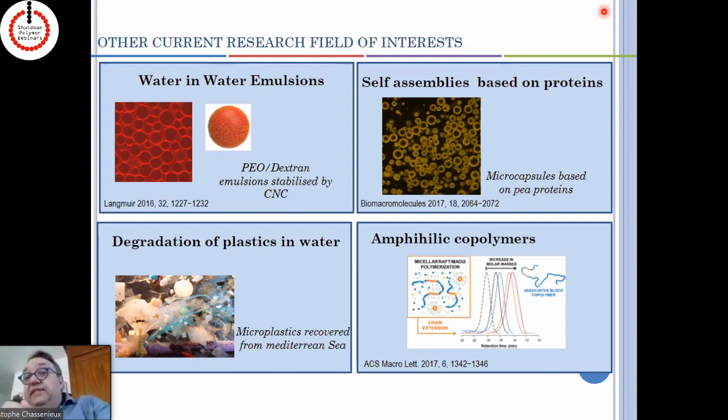And the second good thing of having a frozen system, so I don't address the question of Khalid, I'm not explaining the advantage of using a dynamic system, I'm explaining the advantage of using a frozen system, is that if you have a frozen system and you mix it with a dynamic system, you can in this case prepare latex particles with two size distributions, small particles and big particles. And it's very good because you can achieve very high solid content, but you still have latex that are able to flow.